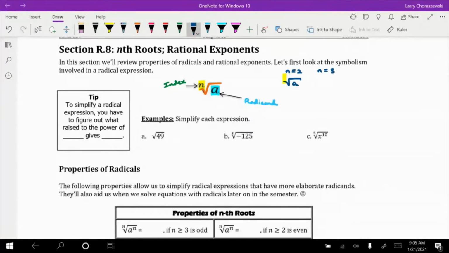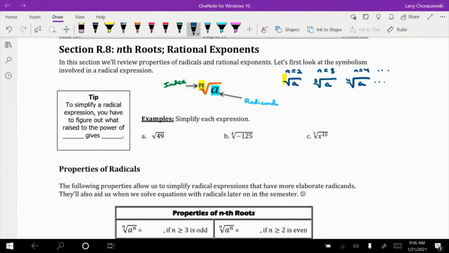If n were 3, that's when you start to see the numbers on the little edge there. You'd write 3 on the ledge, the radical symbol, and then whatever the inside is. And this would be a cube root. If n was 4, write the 4 on the little edge, and this would be considered a fourth root. And you can continue on with larger and larger values of n to define more and more radicals.